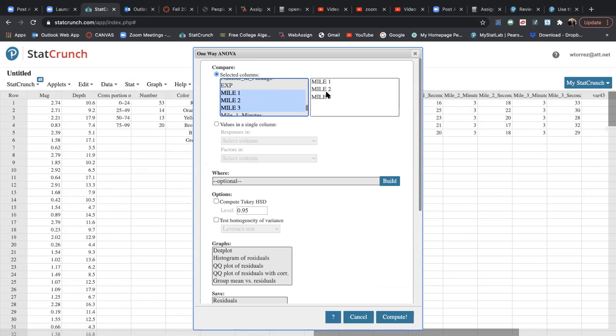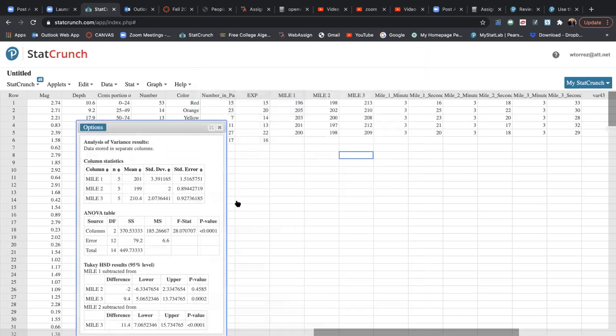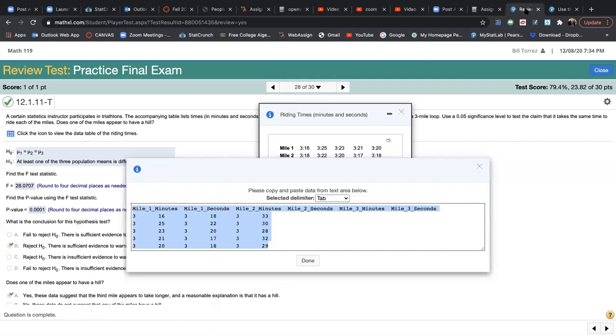We want these three columns, and our significance level is 0.95. And let's do our F-test here. Here's our ANOVA table showing the F statistic and the probability value. Let's go ahead and proceed with our solution here.